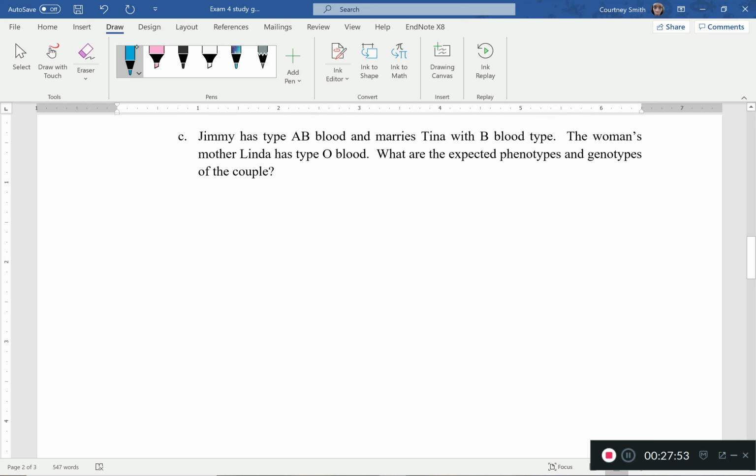Okay, so Jimmy has AB blood and marries Tina with B type blood. The woman's mother has type O, and when Jimmy and Tina get married, they want to know what are the expected phenotypes and genotypes. So dad is AB.